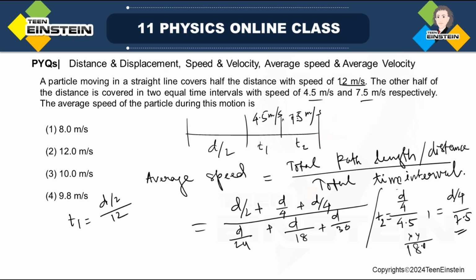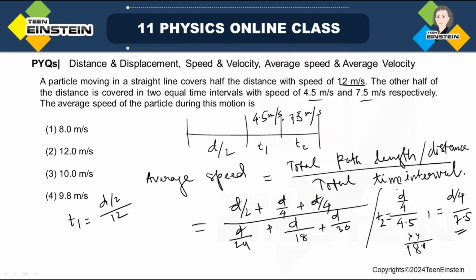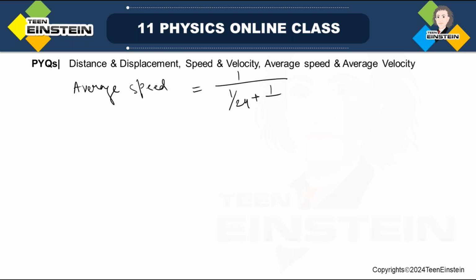So by this I can understand, these d's are gone. So what will be there in the numerator? 1 by 2, 1 by 2, so that will be anyway 1 divided by... so average speed is 1 divided by 1 over 24, 1 over 18, 1 over 30.